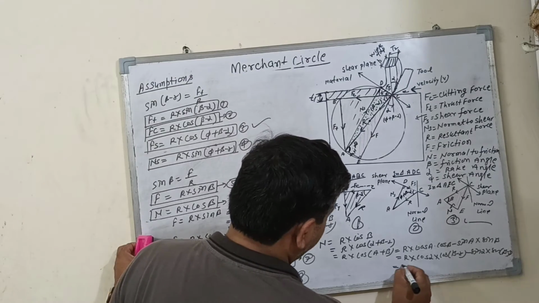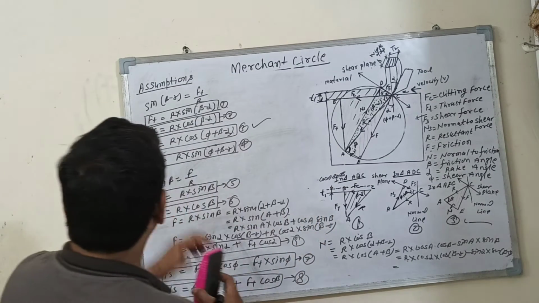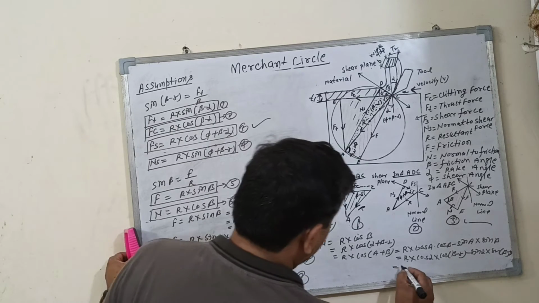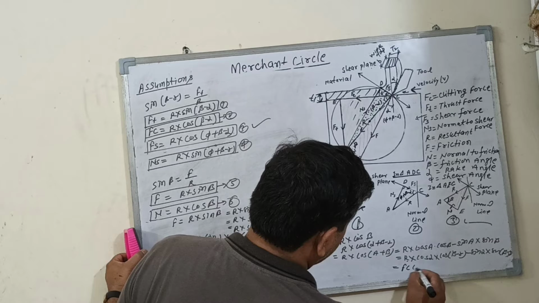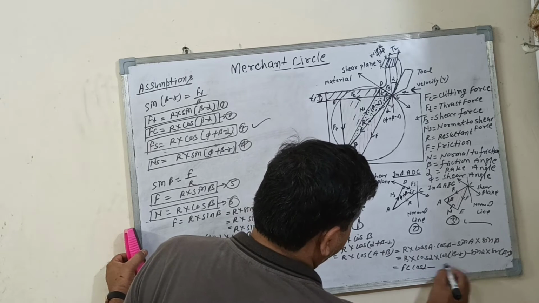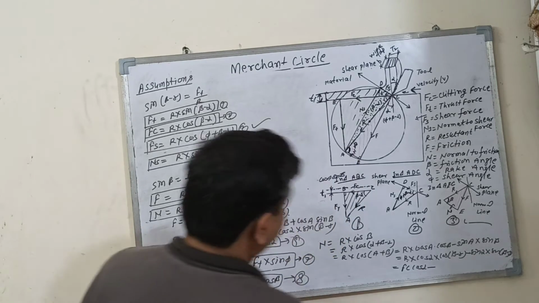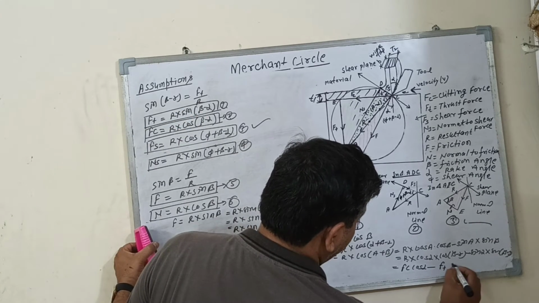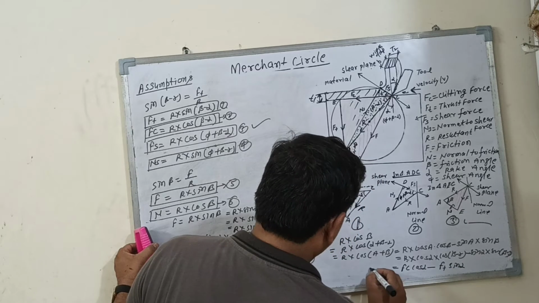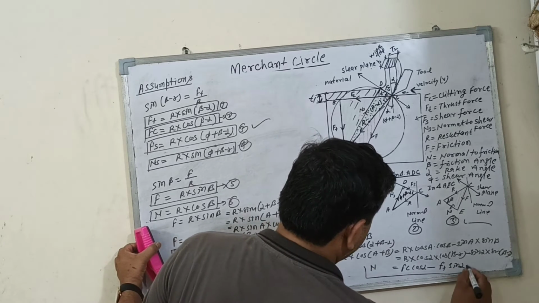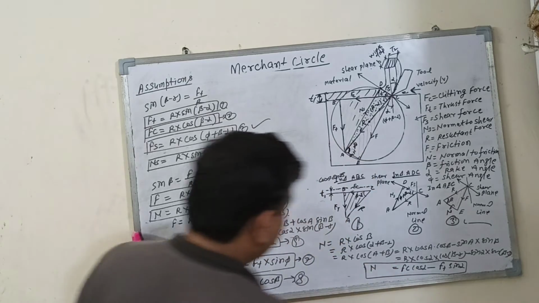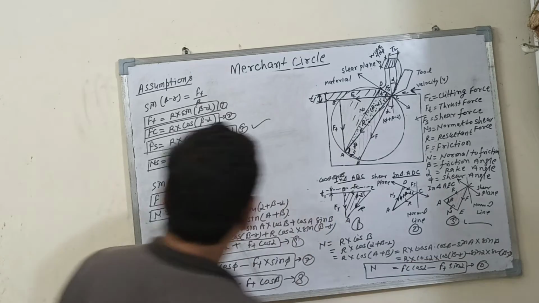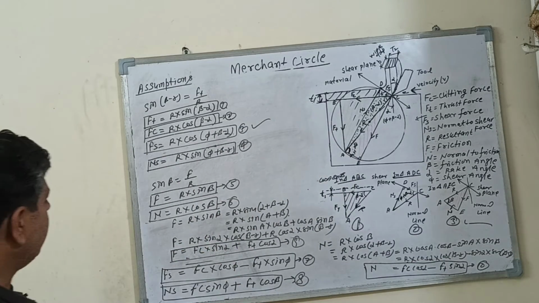Put the value here: Fc cos alpha minus R sin(b − alpha) Ft sin alpha. This is the value of N. The equation number is 10.